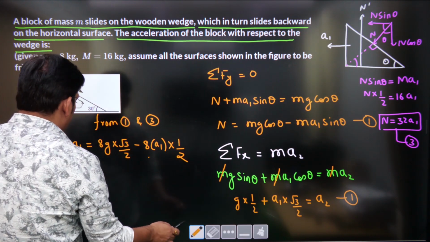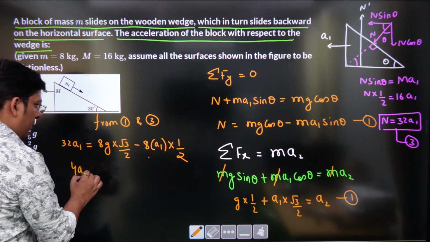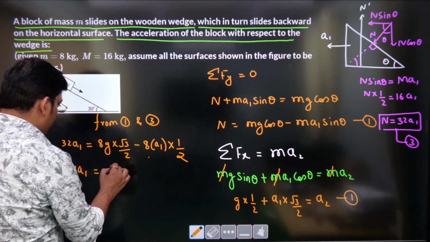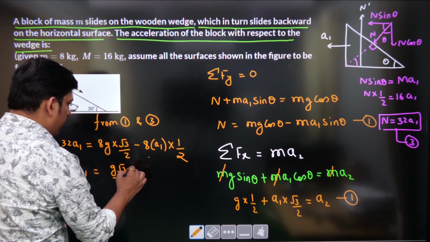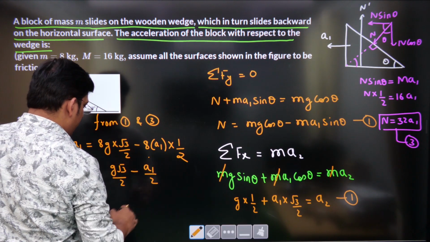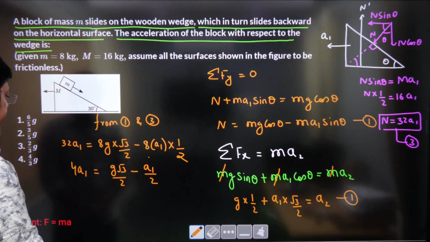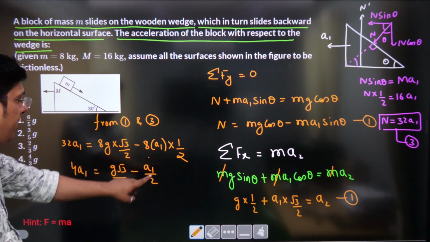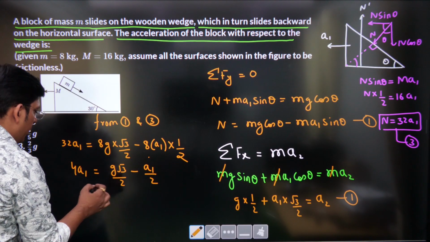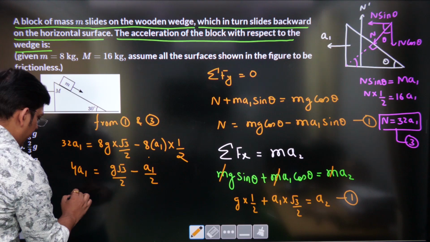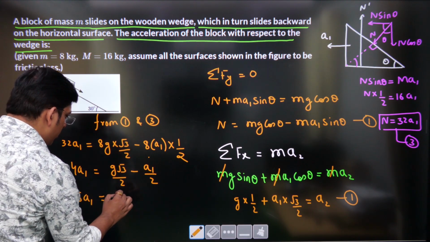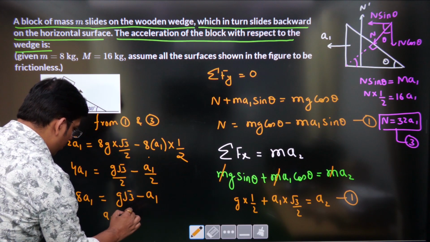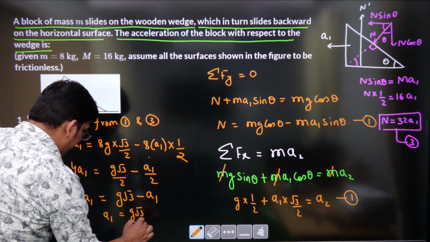So this would come out to be 4 times a1 equals 2 g root 3 by 2 minus a1 by 2. So this is 4a1, this is g root 3 by 2, this is a1 by 2. We multiply the equation by 2 rather. So we would get 8a1 equals g root 3 minus a1. So a1 would come out to be g root 3 divided by 9, dear students.